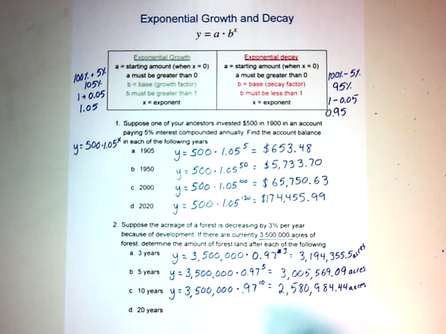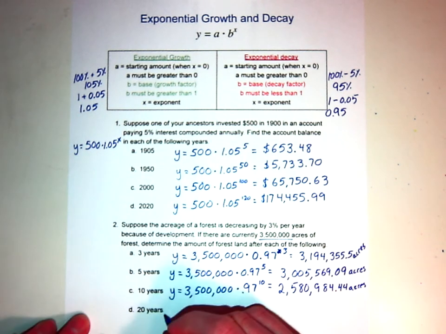So we start to see as time goes on, and 10 years by no means is a short period of time, kind of with how we look at it, but for the world, if we're talking about deforestation, that's pretty quick. So this has lost almost to this point 1 million acres. We've almost lost 1 million acres.